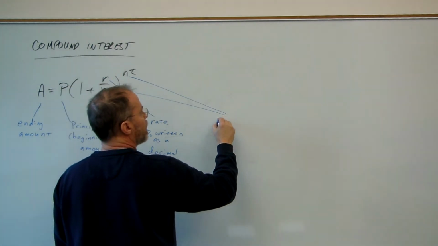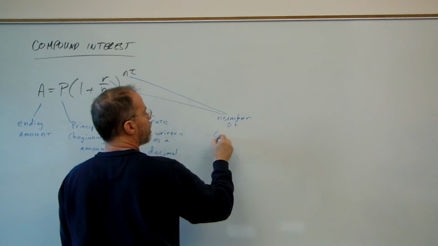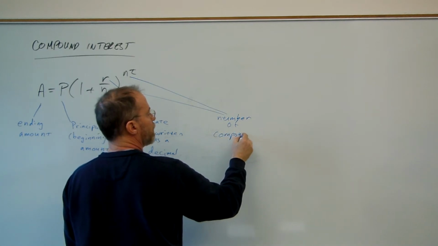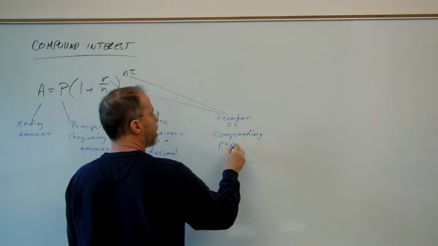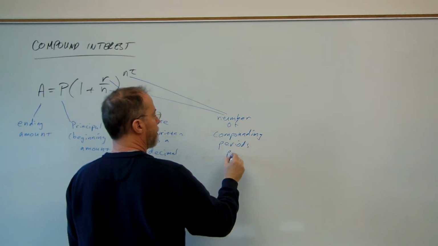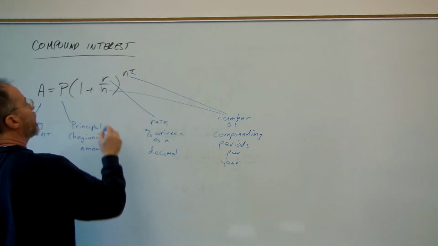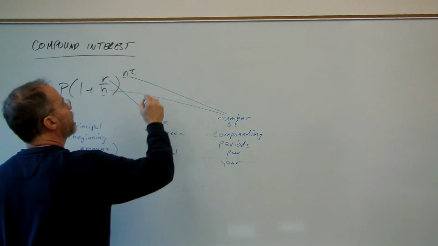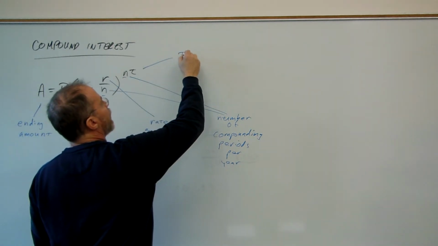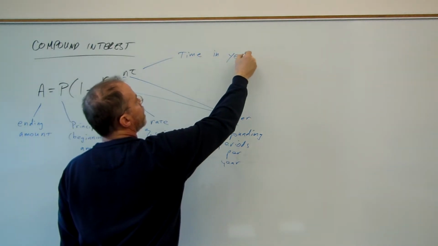This is the number of compounding periods per year. Both locations, n and n. And finally, t is the time in years.